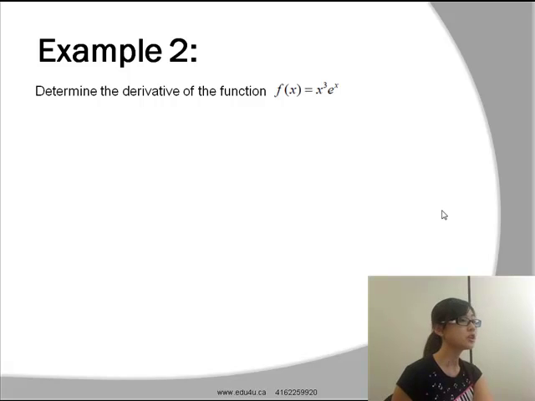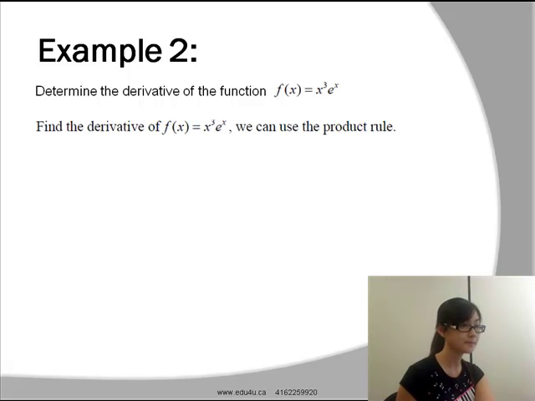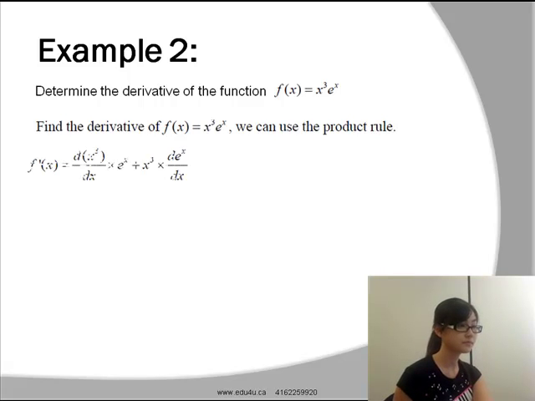Going on to example 2 from your learning resources. Determine the derivative of the function f of x equals x cubed times e to the power of x. In order to find the derivative of this function, we have to use the product rule.